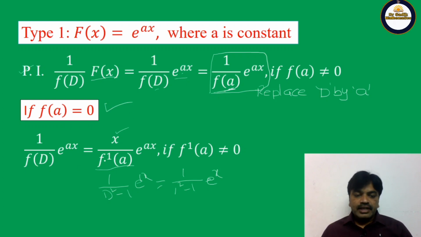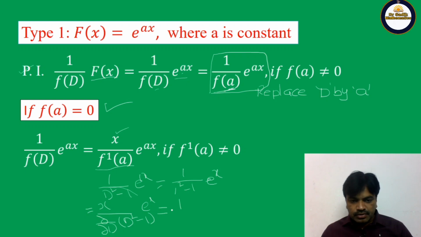Now, what we have done here is x by f'(a). f' means you differentiate the denominator first with respect to D. That means ∂/∂D of (D² − 1) into e^x is 1 by 2D, since D² gives 2D and the derivative of 1 is 0, into x into e^x.